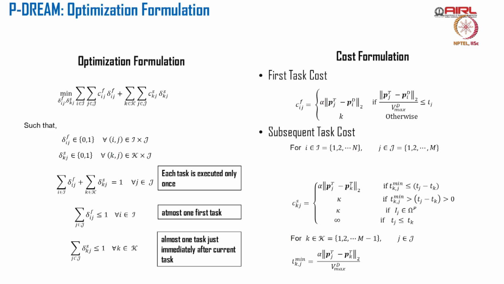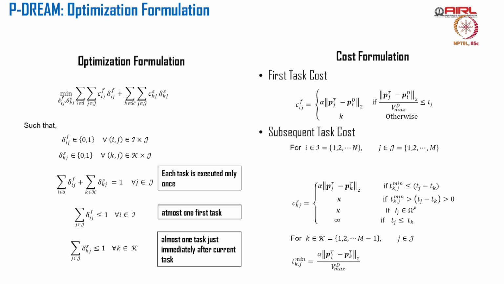Then comes the problem. We have tasks, right. We need to minimize the energy consumed by the drones, and each drone can be assigned one task. They can have multiple tasks, but one task at a time.